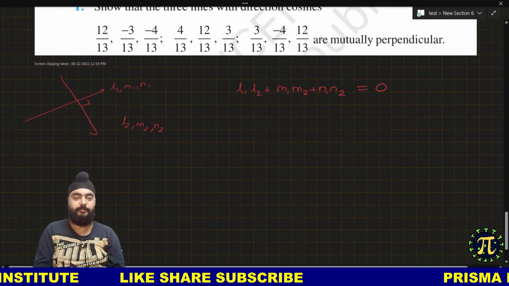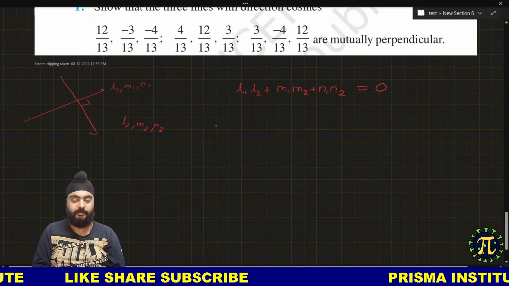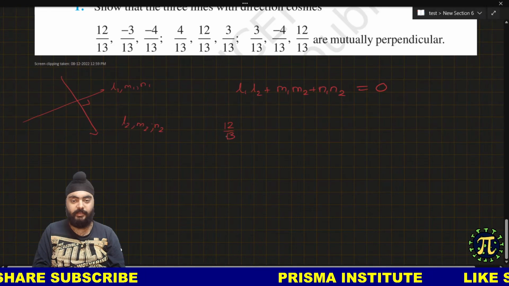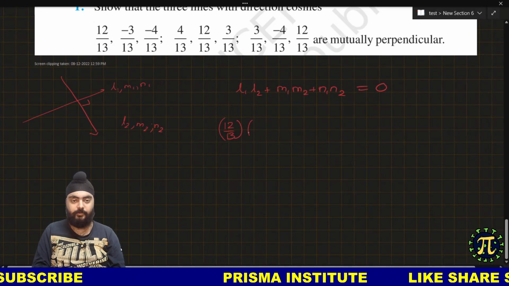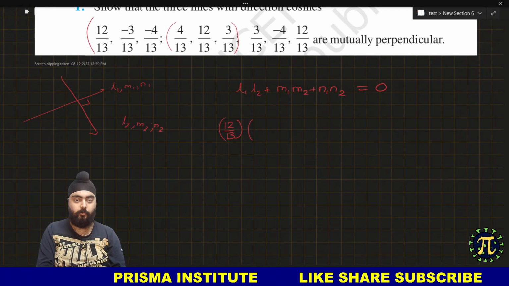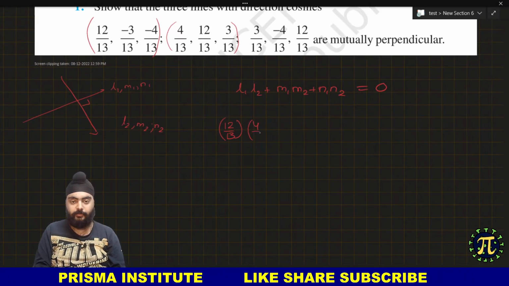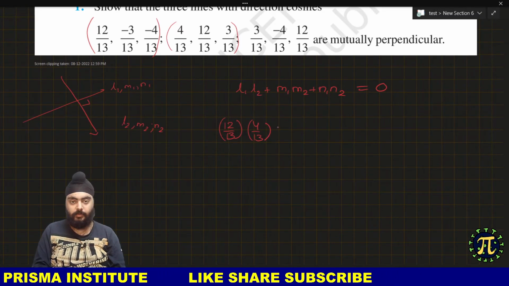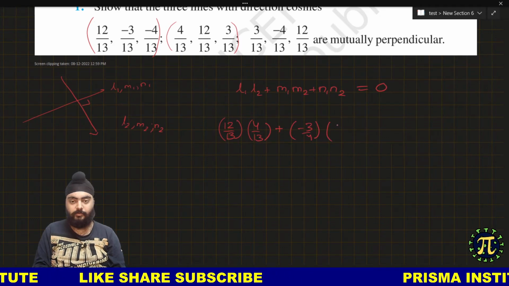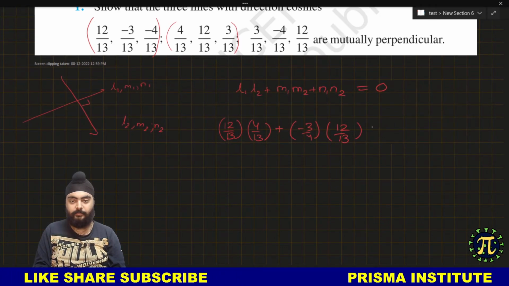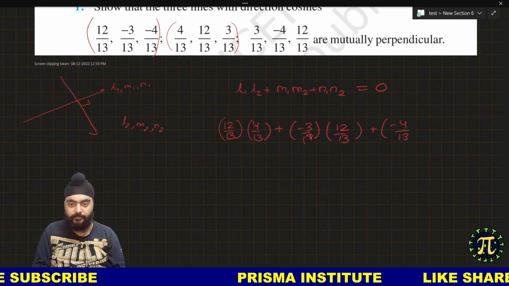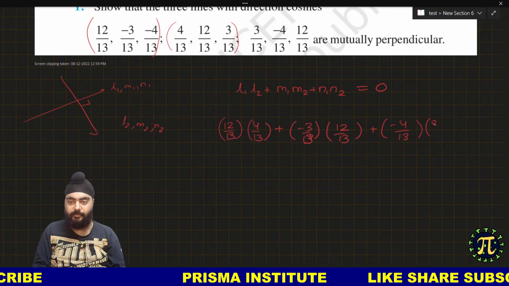So let's find between the first and second: 12 by 13 into, so I am taking the first and second numbers, l1 l2, 4 by 13, plus minus 3 by 13 into 12 by 13 plus minus 4 by 13 into 3 by 13.